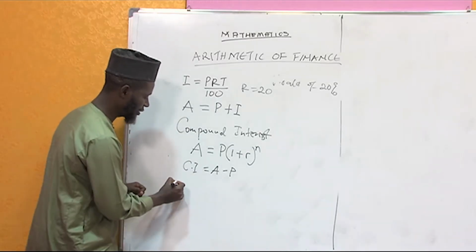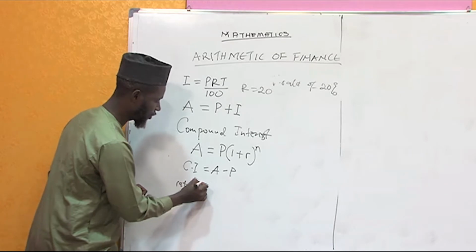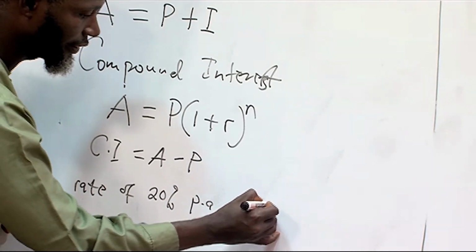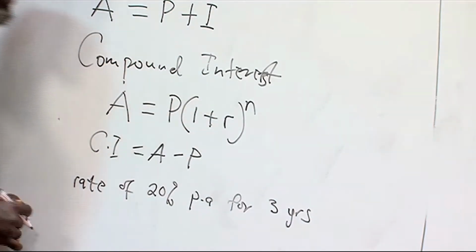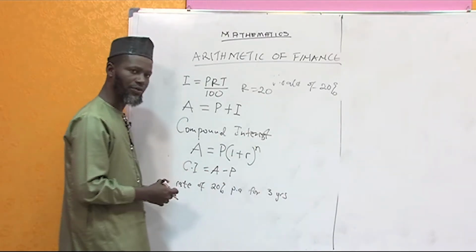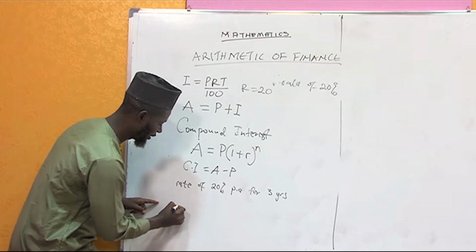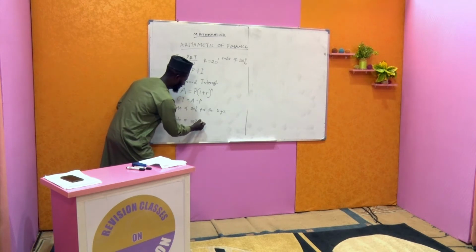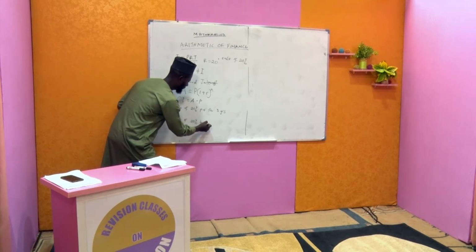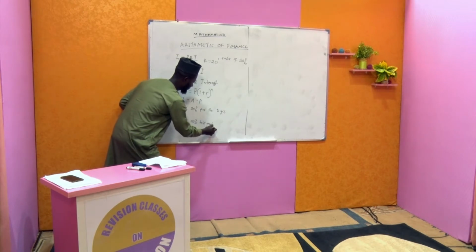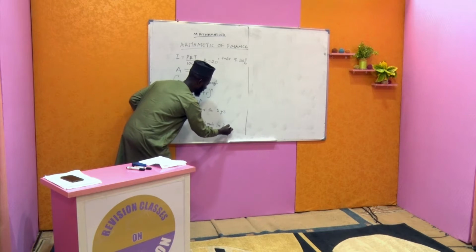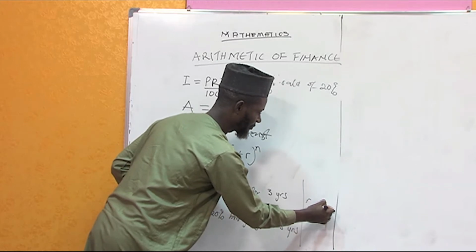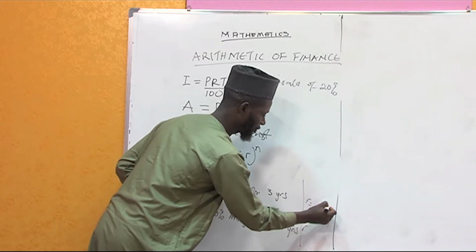For example, let's say we are given a rate of 20% per annum for 3 years. How do we determine our n and our R here? Then compare it with a rate of 20% half yearly for 3 years. So let's say here we have our R and our n.